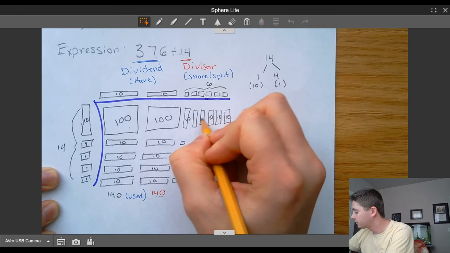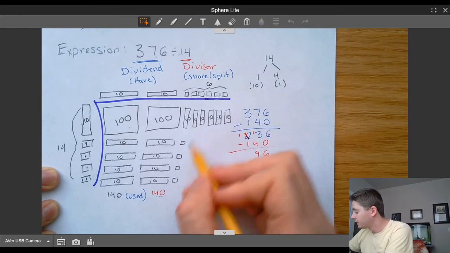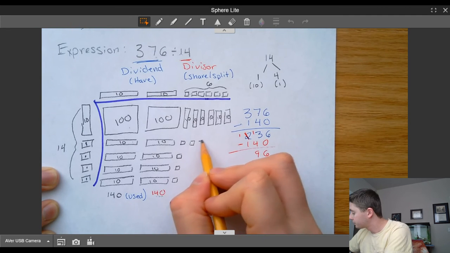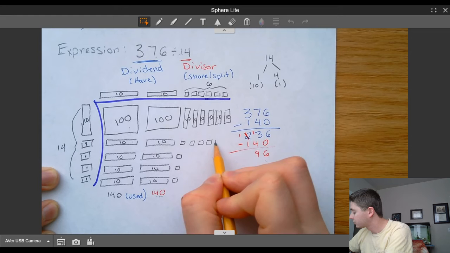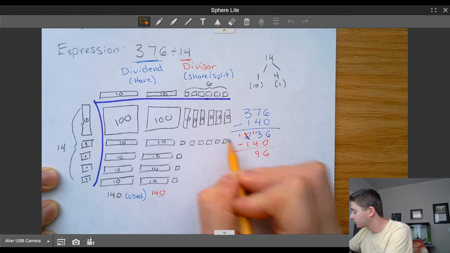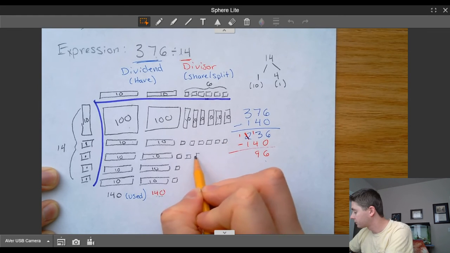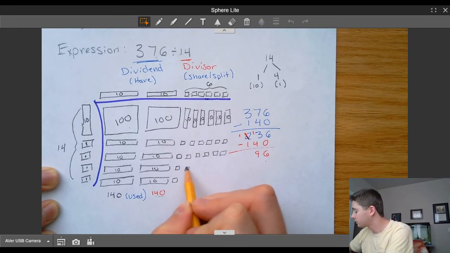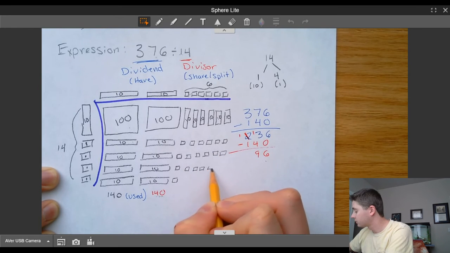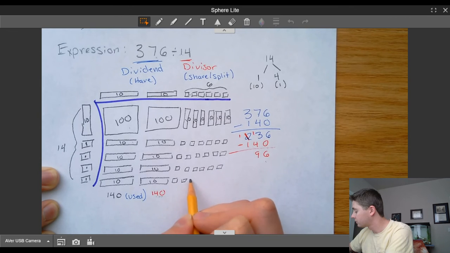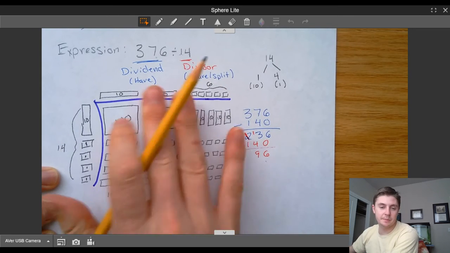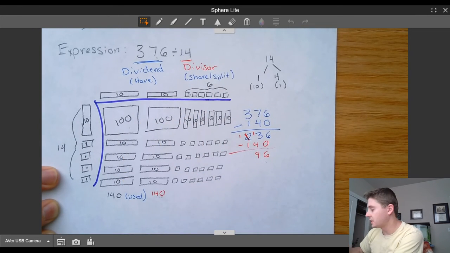Those are all worth 10. So that will give me a total of what I have. Let's see if I'm as close as I can to get to the number now.